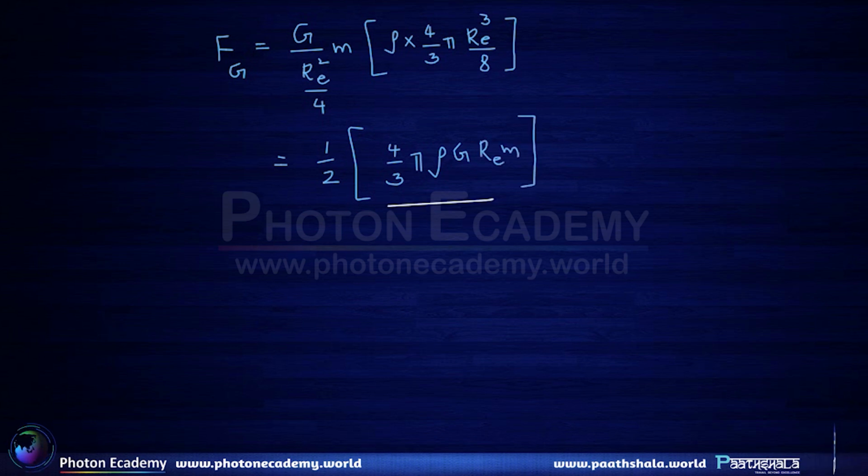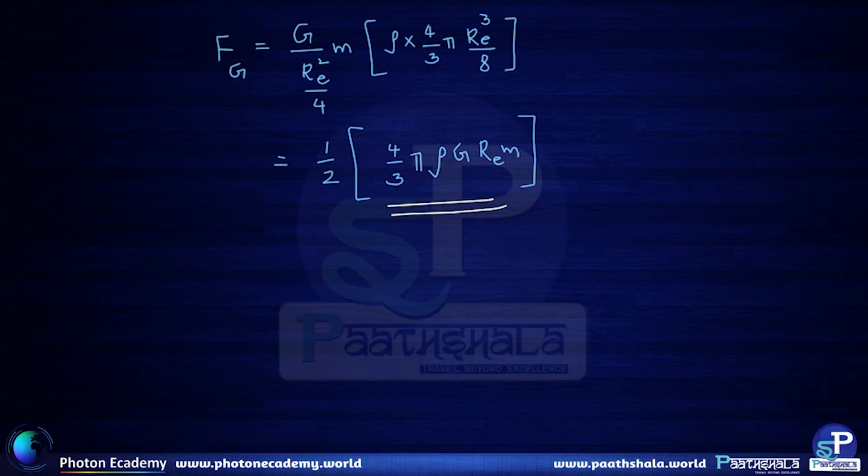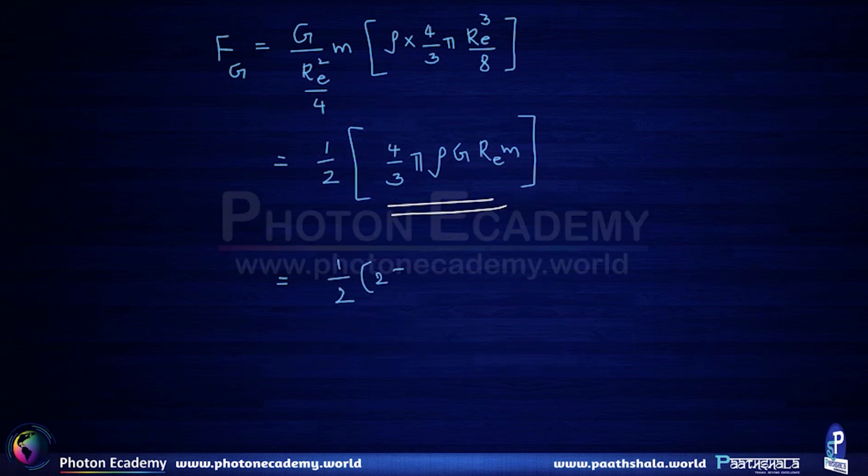This term, we already found out, is the gravitational force on the body when it is placed on the surface of the Earth, and this is already given as 250 Newton. So this comes out to be half of 250, which is 125 Newton. So 125 Newton would be the weight of the body when it is placed inside a tunnel having a depth of half the radius of the Earth.